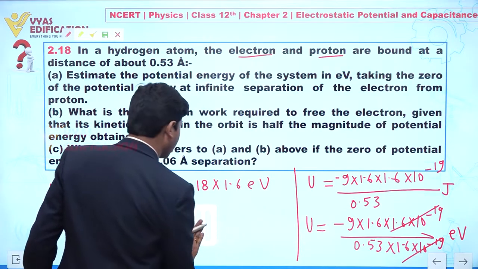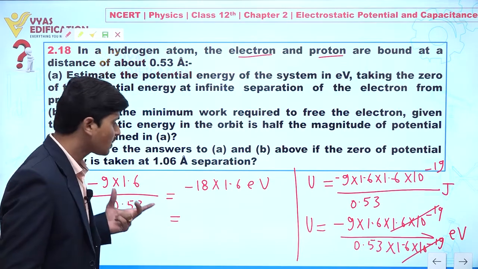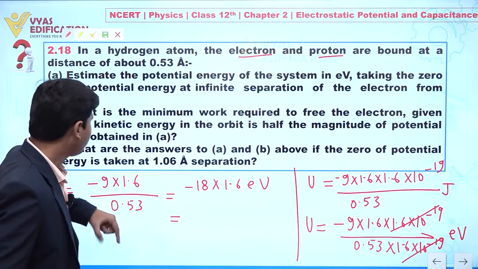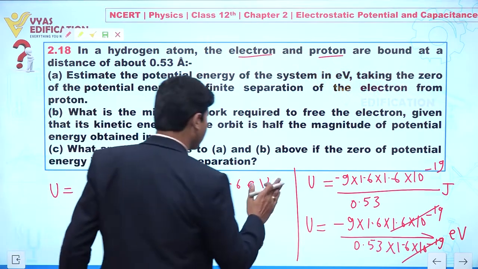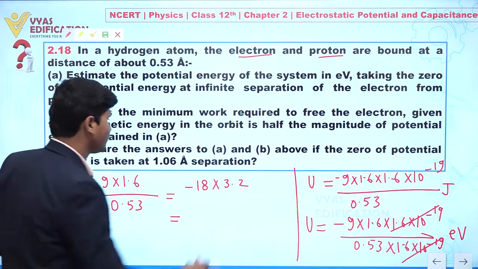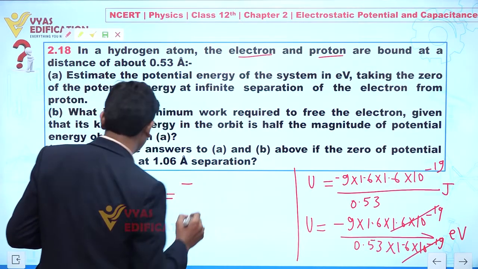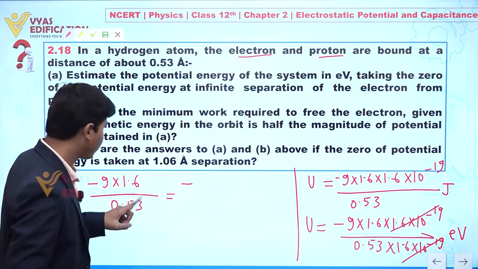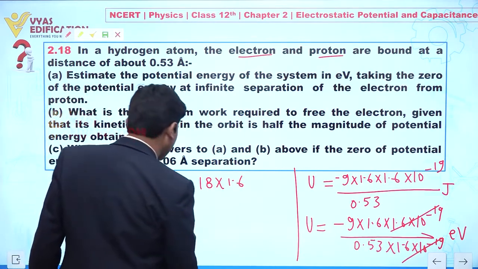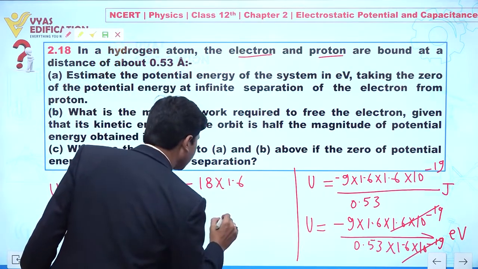This is approximate, because we are taking 0.50. Listen carefully, I am repeating again. The value we have is minus 9 into 1.6 divided by 0.5. We can write this as minus 18 into 1.6. So 18 multiplied by 16 is 288, and dividing by 10 gives 28.8.